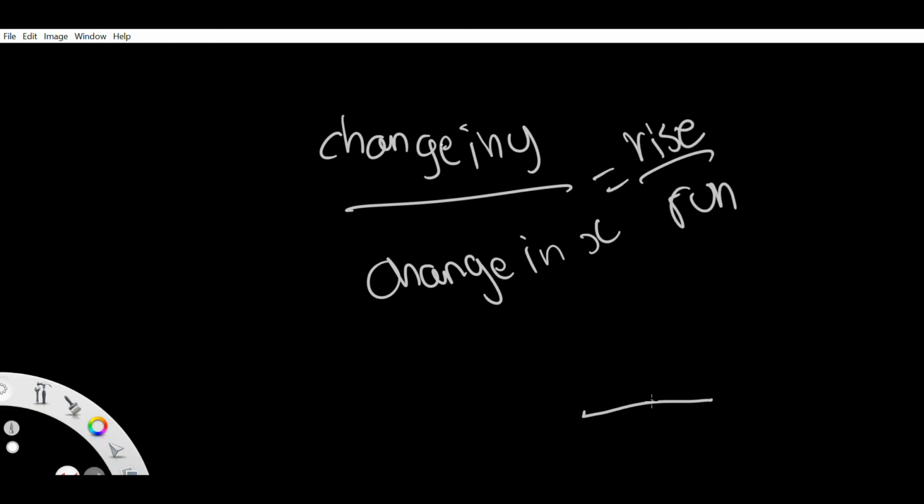So run is horizontal and rise is vertical. So suppose we have something which increases 2 vertically every time it increases 1 horizontally. We would say that it has a slope of 2 over 1, or 2.